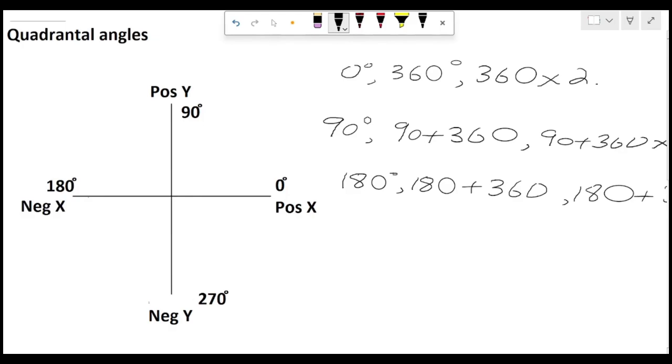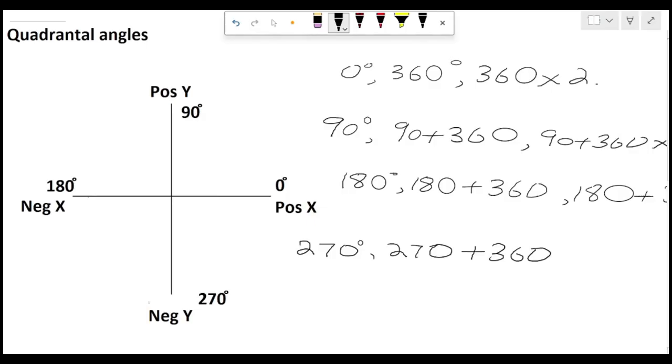Now if you look at the third quadrant where you have 270 degrees, if we take our starting point from 270 degrees and a full rotation is completed, that means that the first starting point was 270 and then 270 degrees was added with 360.